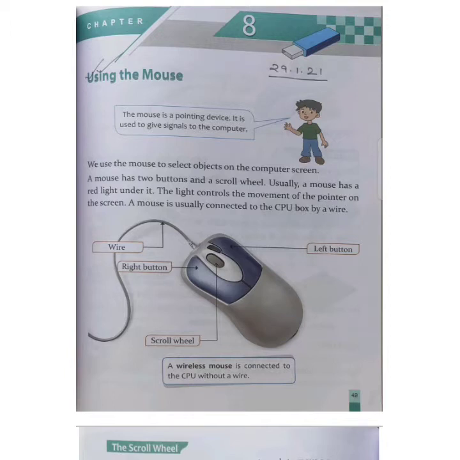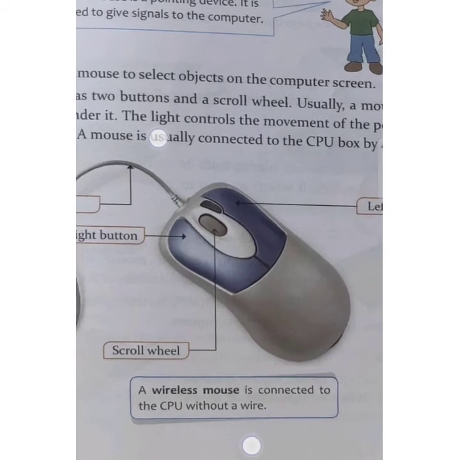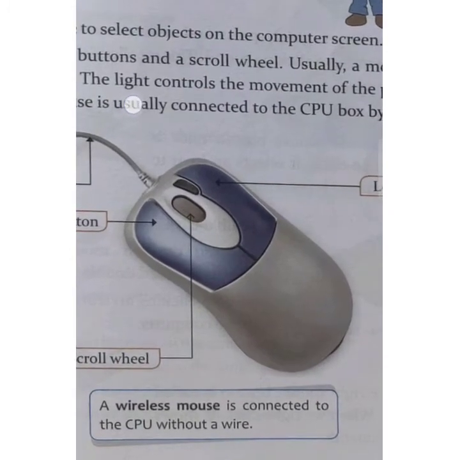So, what is a mouse? It is a pointing device. It is used to give signals to the computer. Okay, so we use the mouse to select objects, to choose any objects. It has two buttons. See, I'm zooming this page for you. See, this is how a mouse looks.